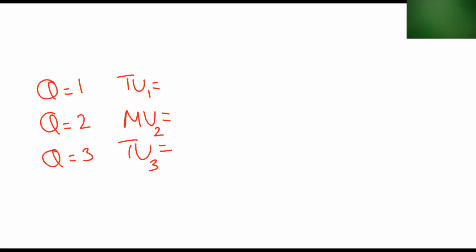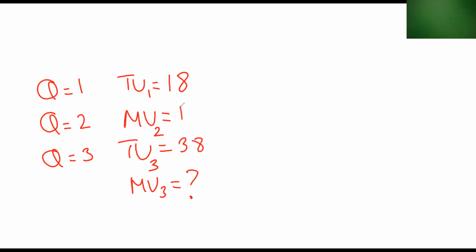So the question is telling us that the total utility for the first cup is 18. You are looking for marginal utility 3, that is our unknown. And you have the total utility, 38, for the third cup.